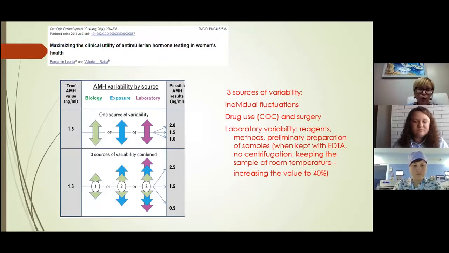So if we have only one test, done only once and not repeated, we should control and maybe repeat in another laboratory and take into consideration other factors and other markers of ovarian reserve testing. And like that, we can receive a more exact response and a more exact amount of this hormone.